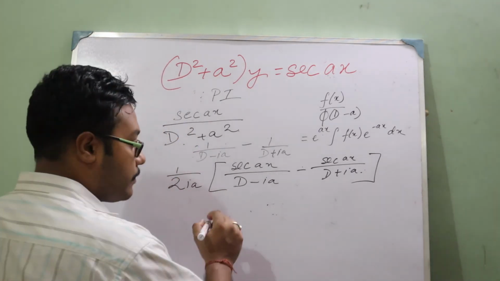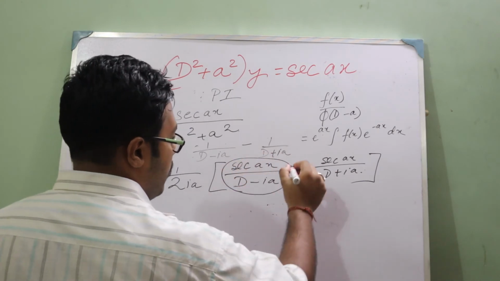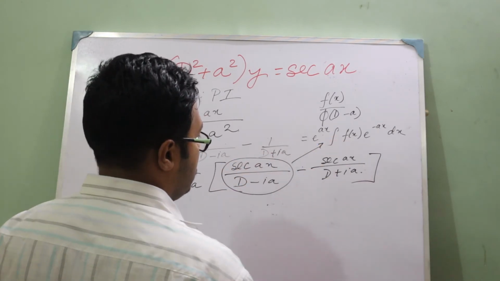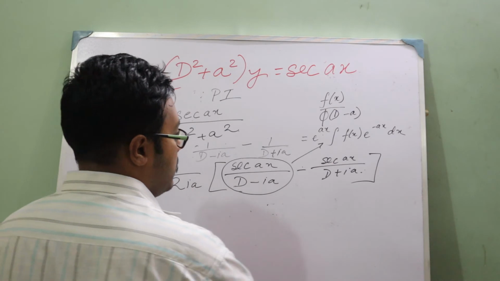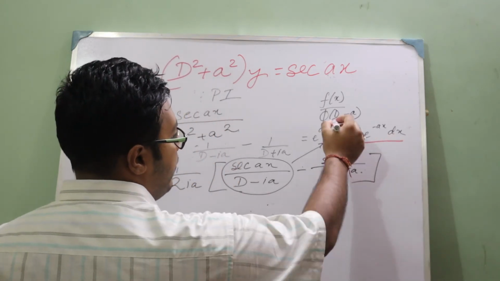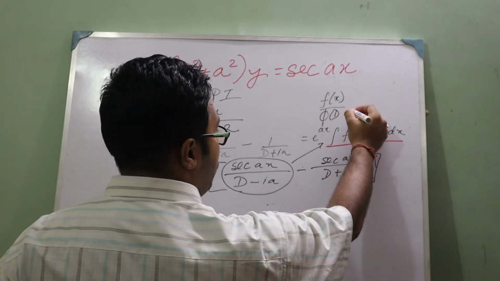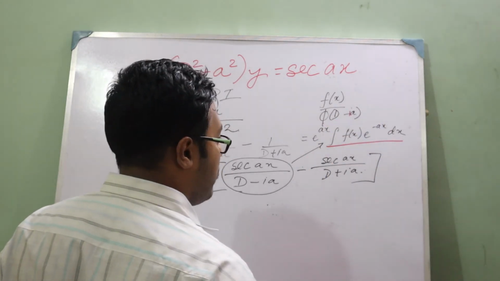Now compare this with this function. What I have told you, that phi of d minus a, in place of d minus a, if we put d minus ia, right?